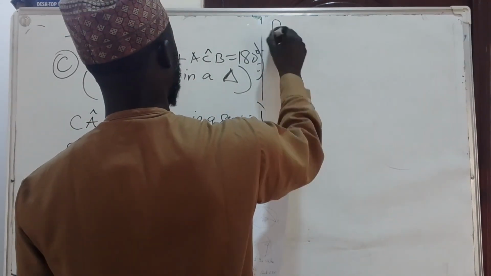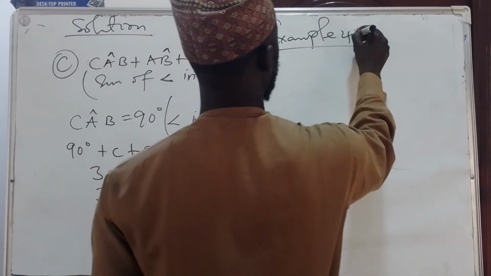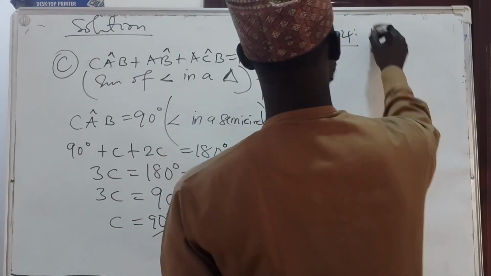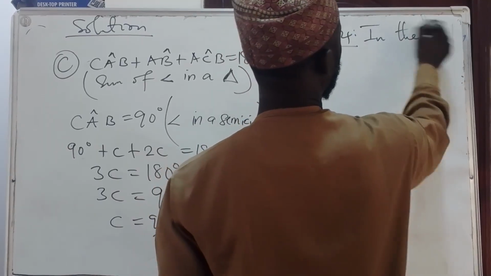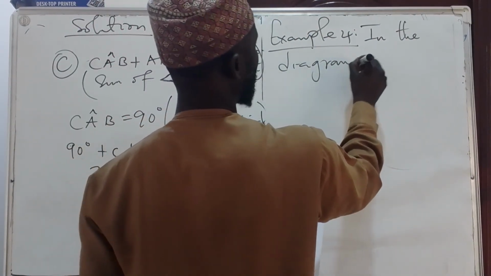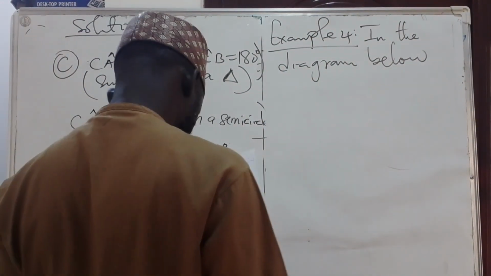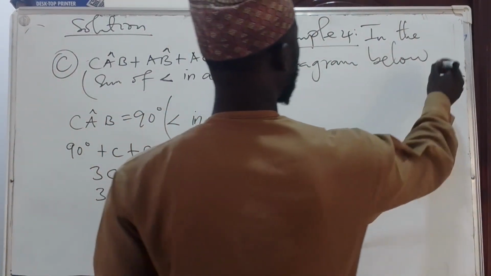This is example number 4. In example 4, we have in the diagram below, find the value of x.